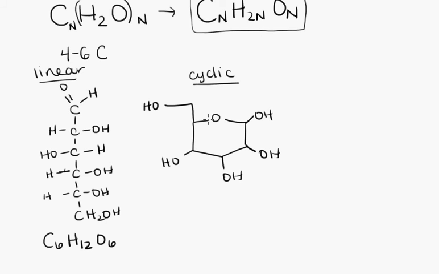So this would be the OH for this one, and that's the OH for this carbon. And remember, each of these corners is a carbon with the appropriate number of H's on it. Each one of these circles is a carbon with the appropriate number of H's on it. So our carbohydrates can look like this. They can look like this. These are what our monosaccharides look like.